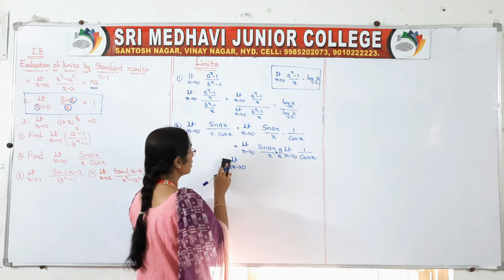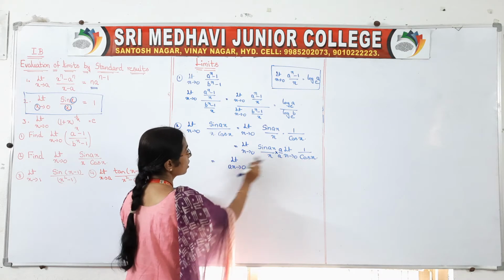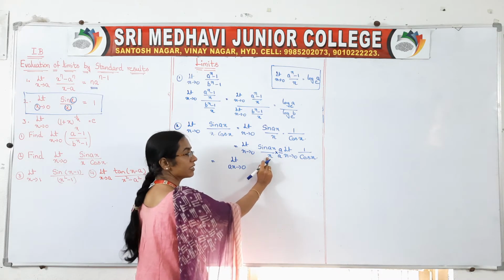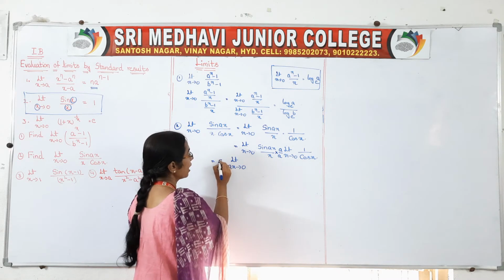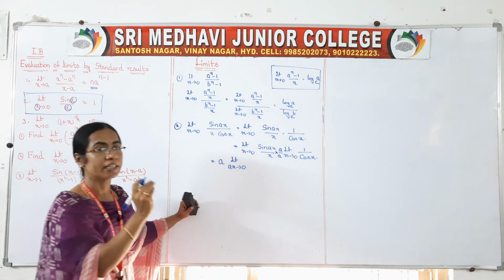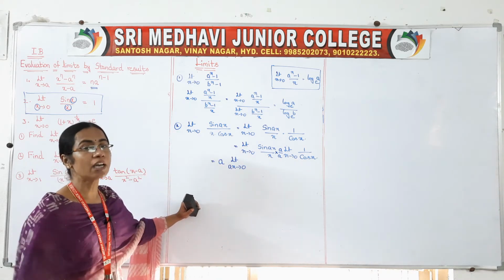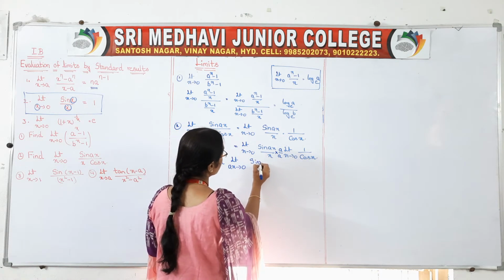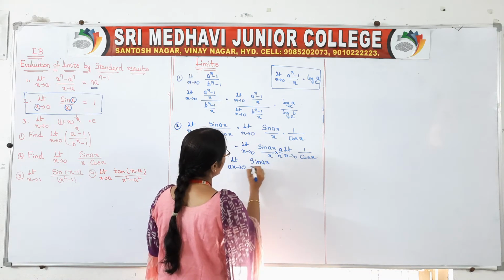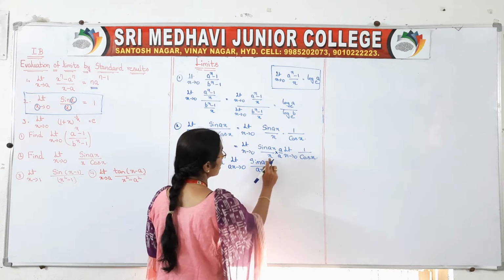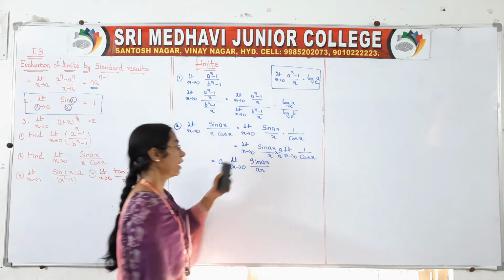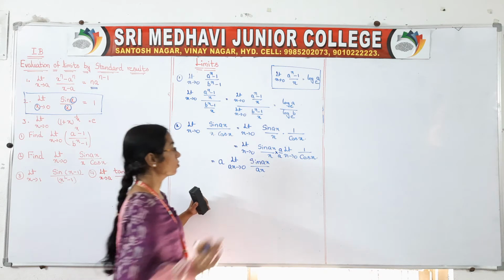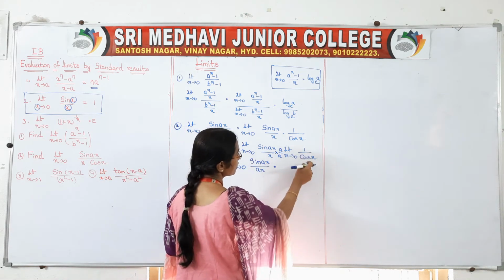And here, if you observe, we need this a for this x, we don't want the other a, so you write that outside. Constant, write the constant outside of your limit. Now your problem is sin ax by ax, and a is taken outside. And here this is the substitution method.